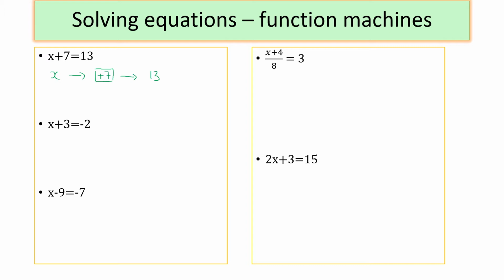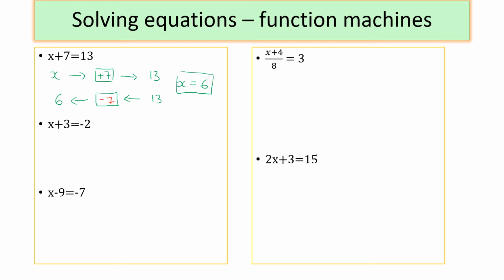I'm going backwards, so I start off with 13, and now I need to work out the inverse operation of adding 7, and that is take away 7. So I need to work out 13 take away 7, which is 6. The value of x is 6.